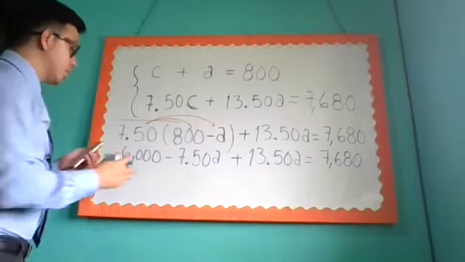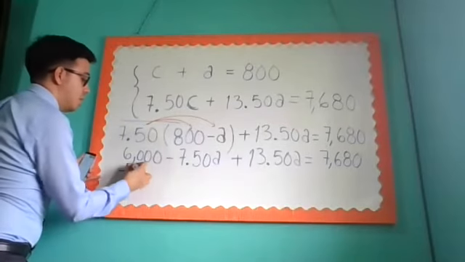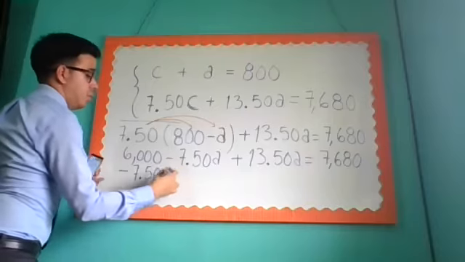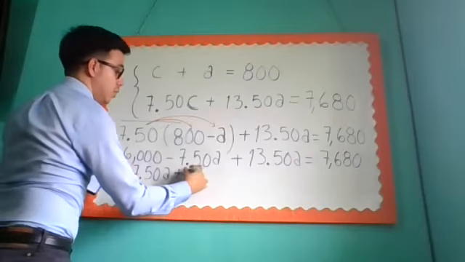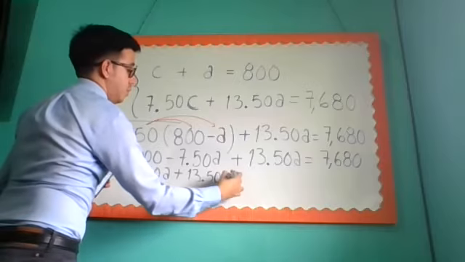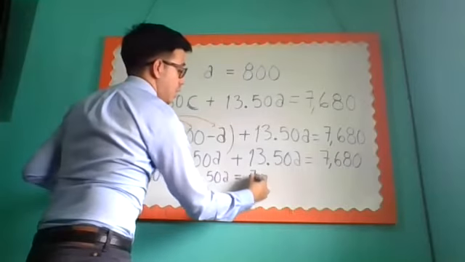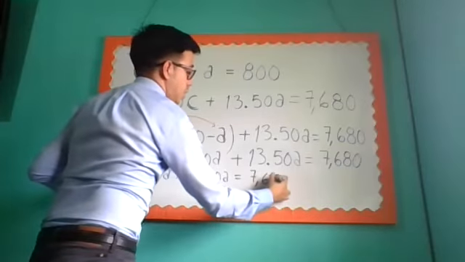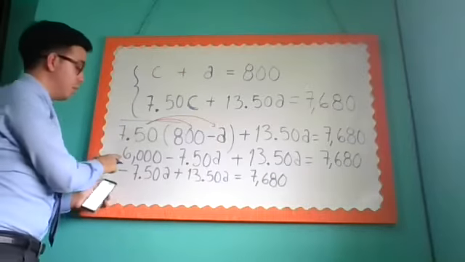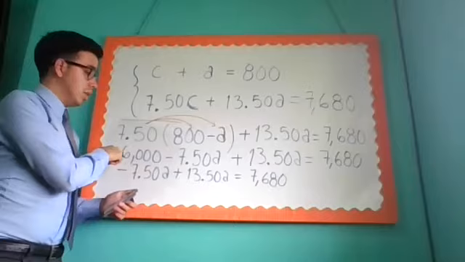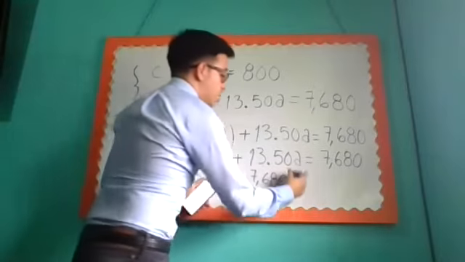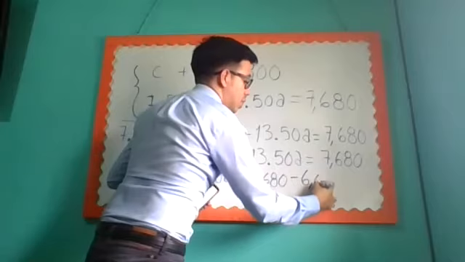So in this case, for example, I have negative 7.50A plus 13.50A equal 7,680 minus 6,000, because in here I have one addition. So I pass this number to the other side with negative sign. So minus 6,000.